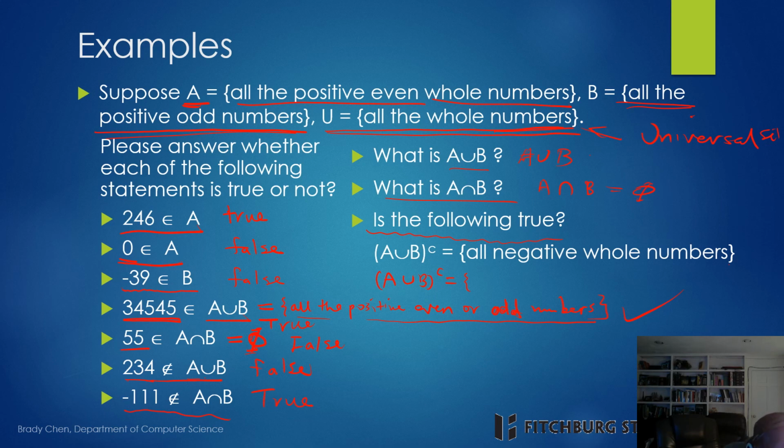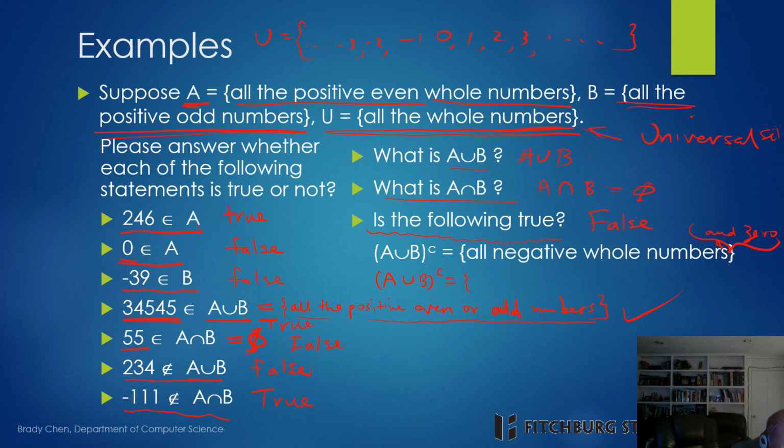Actually, this is not true. Why? The complement of A union B includes all the negative whole numbers. That's true, but it also should include 0, right? If you think about the whole numbers, the universal set, you include 0, 1, 2, 3, all the way, and minus 1, minus 2, minus 3, and so on.